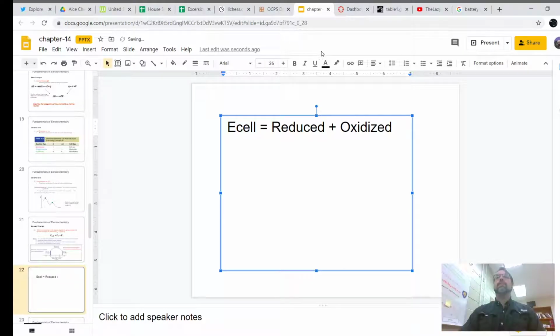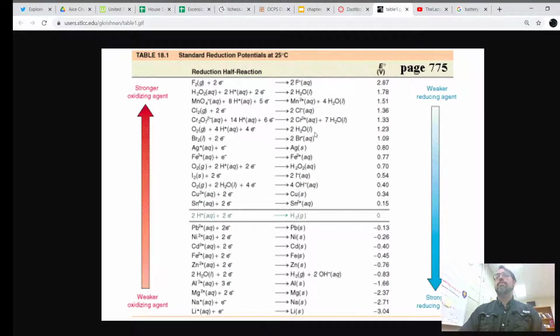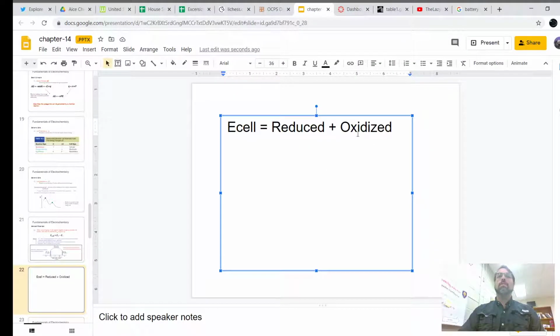So that's what we're doing here. But I want you to notice that when we write this, do we have any oxidized reactions? An oxidized reaction is going to be one where we have lead and it loses electrons. And we don't have a single one here. So what we do as chemists, and especially as lazy chemists, is we say, okay, we don't have any oxidized reactions on our table.